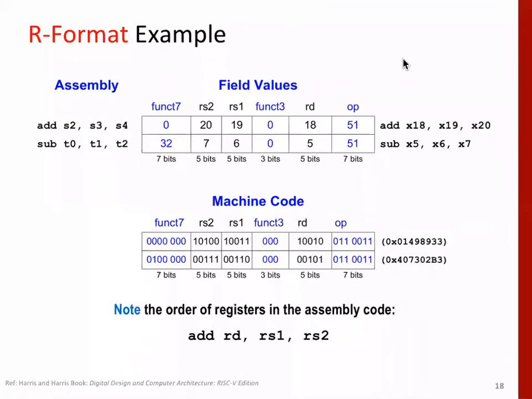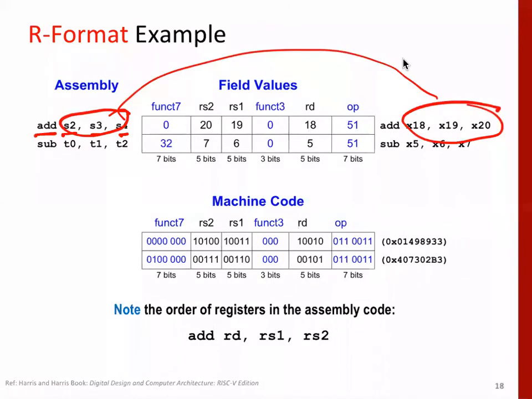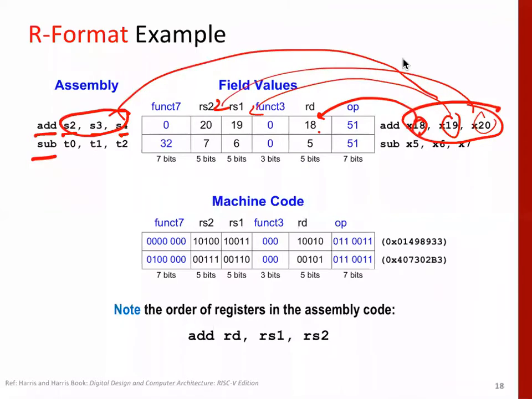If you have an instruction like add s2 s3 s4, then the s registers have to be converted into corresponding x register numbers, and then these register numbers will be coded. Like rd is x18, so 18 will come here, rs1 is 19, it will come here, rs2 is 20, it will come here. Similarly for sub.